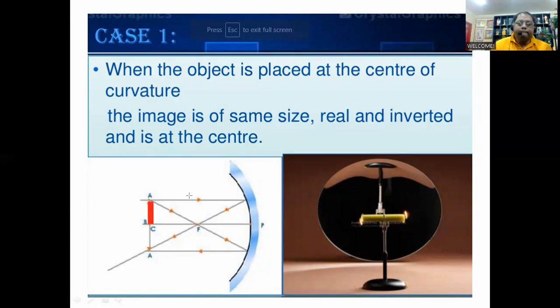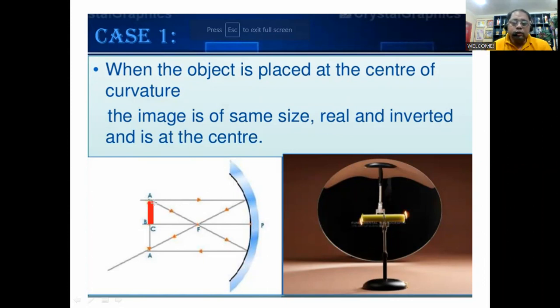So again, we follow some rays of light. What happens now when an object is placed exactly at the center of curvature? And maybe we will just take this one case now and determine the image that is formed.